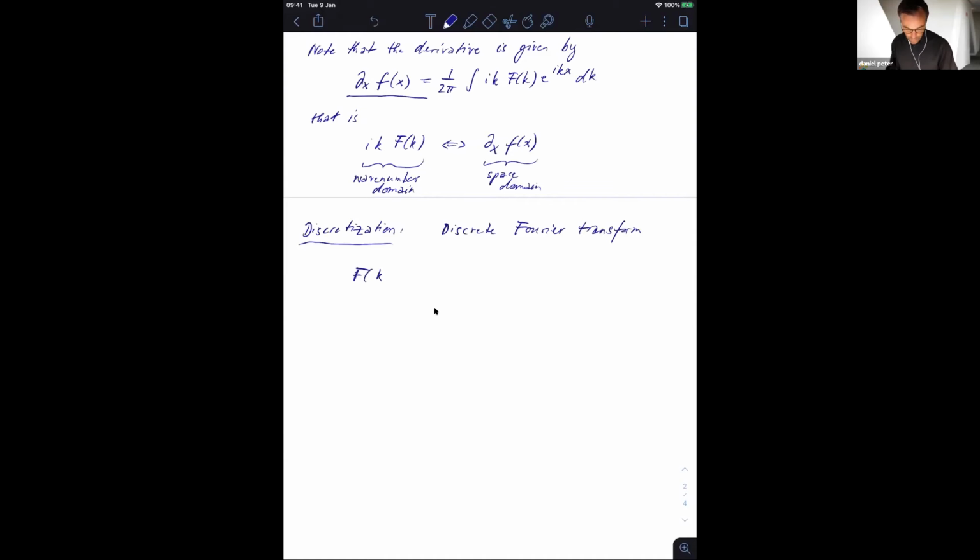So F, now the wave number is a discrete wave number, k_l, which we can write as l times the wave number increment delta k, which then is the sum from n=0 to N minus 1, f evaluated at the grid point x_n times e to the minus i k_l x_n, times delta x.